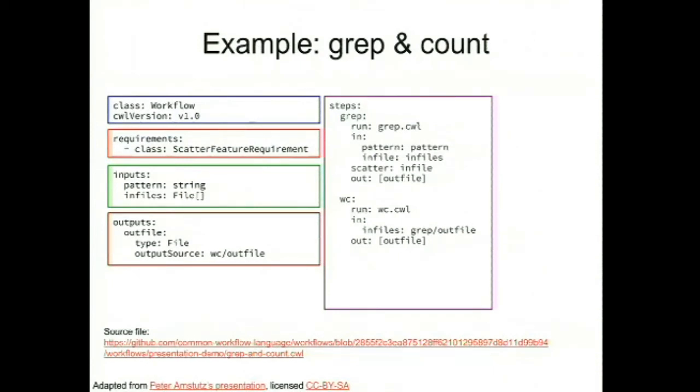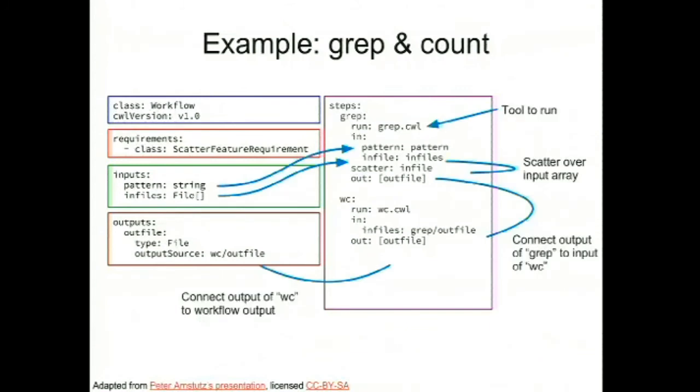This time, we're using a feature that in 1.0 is optional, but probably in a later release will be mandatory for platforms to implement. While it's in the standard, there could be platforms that don't implement it, so we have to declare up front that we're using this optional part of the specification. I'll explain how scatter works real soon.